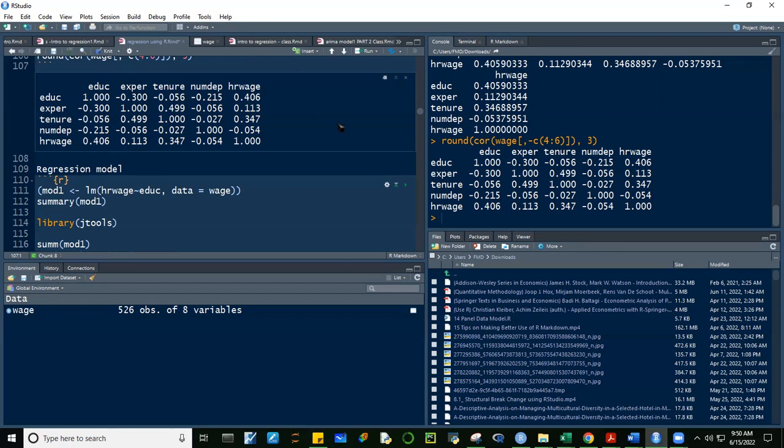Okay? So and kunyari si tenure naman, if you're going to take a look at its correlation with the other variables, medyo mataas yung correlation niya with experience, no? 0.499. So we don't know, this might have an issue with multicollinearity, no? Pero otherwise wala na namang ibang malalaking correlation, no? So we may or may not have problem with this.